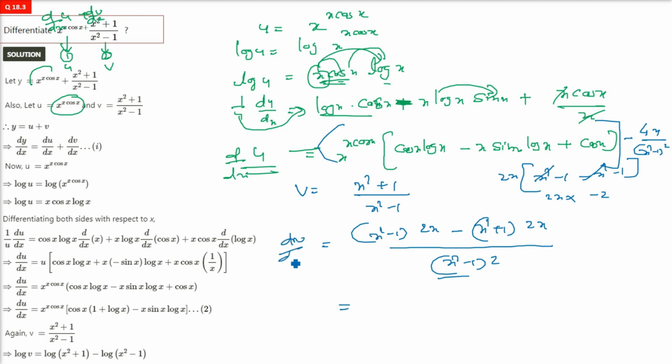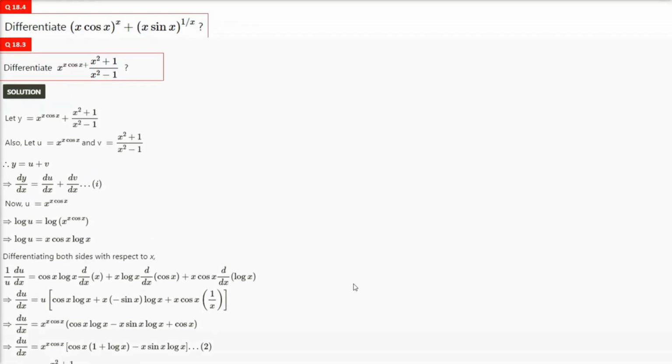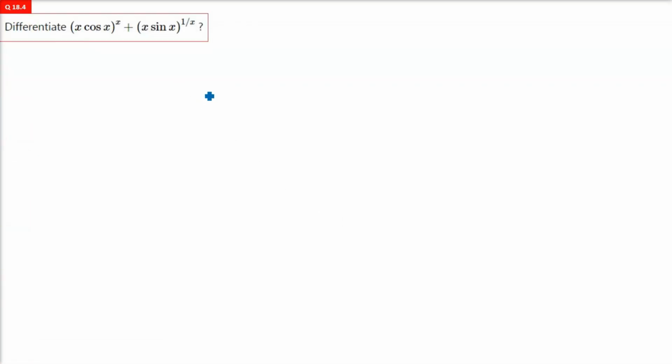So dv by dx I found out, and I added it with the du by dx. So when we added it, this is the final solution. Alright. x cos x to the power x plus x sin x to the power 1 by x.